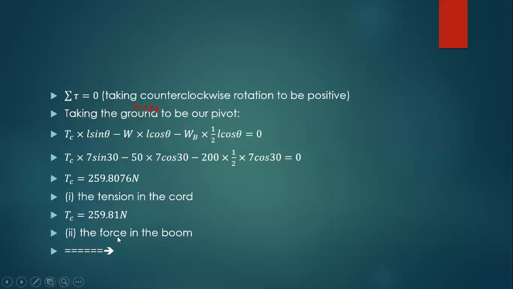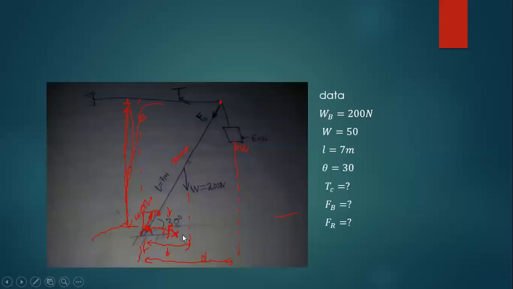Question 2 is saying the force in the boom. Where is our force in the boom? It's here. It's this force that is being exerted right in the boom. All right, the boom is being acted on by the tension in the cord and this weight here. So right here, as the boom feels some compression force, there'll be this force which we are calling FB.